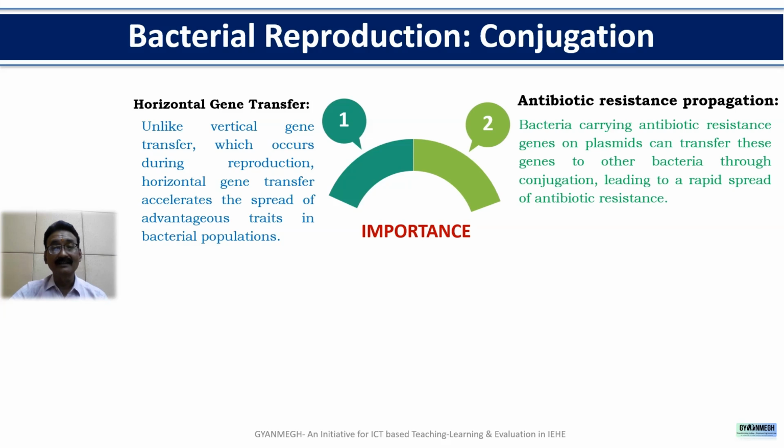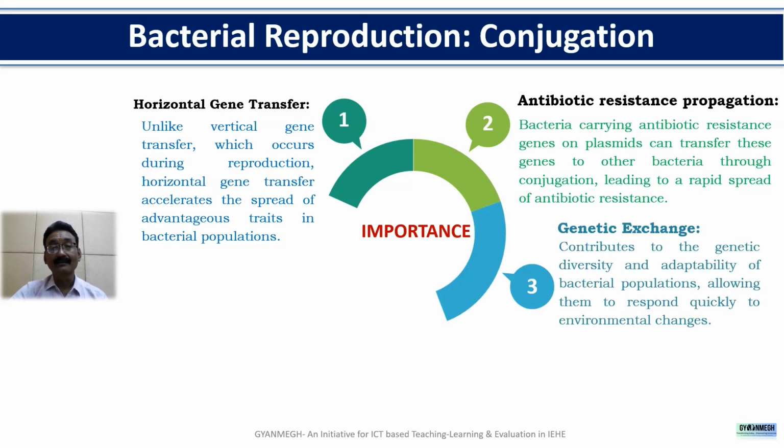The second one is antibiotic resistance propagation. Bacteria carrying antibiotic resistance genes on plasmids can transfer these genes to other bacteria through conjugation, leading to the rapid spread of antibiotic resistance. The third is genetic exchange.